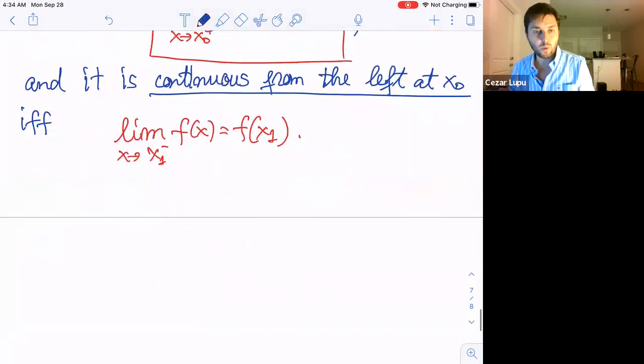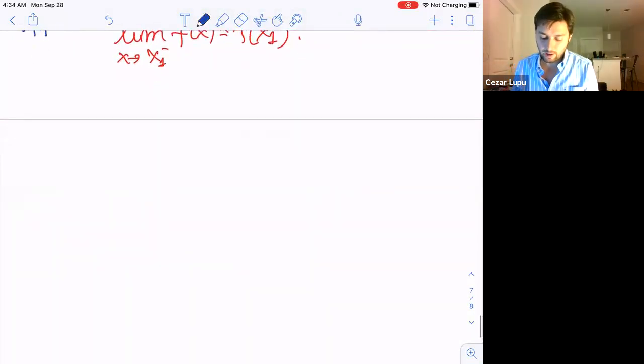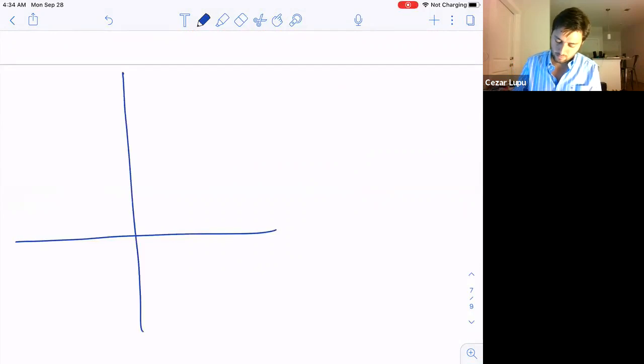Now let me draw a picture for what I mean by continuity from the right and continuity from the left. So let's just say we have this point here, x naught. And here we have f of x naught.